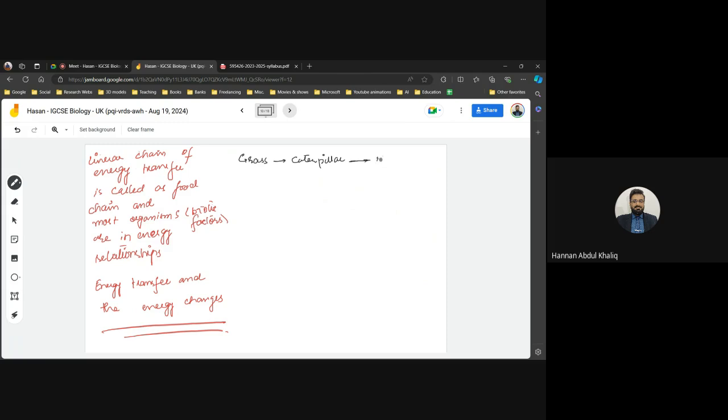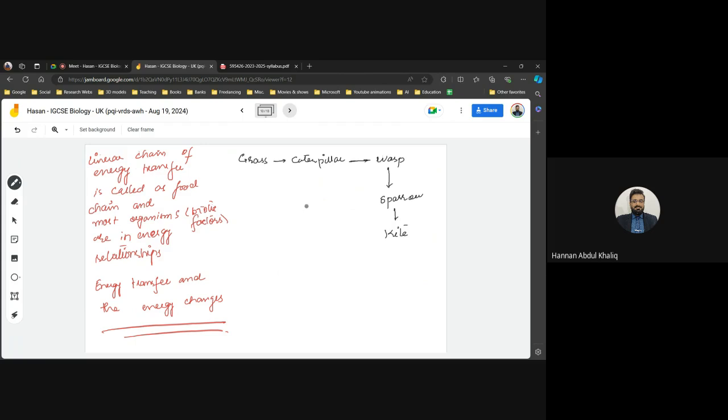It maybe would be eaten by a wasp, and then the wasp would get eaten by a sparrow, and a sparrow would be eaten by maybe a kite, a black kite. So this is a five-stepped food chain.